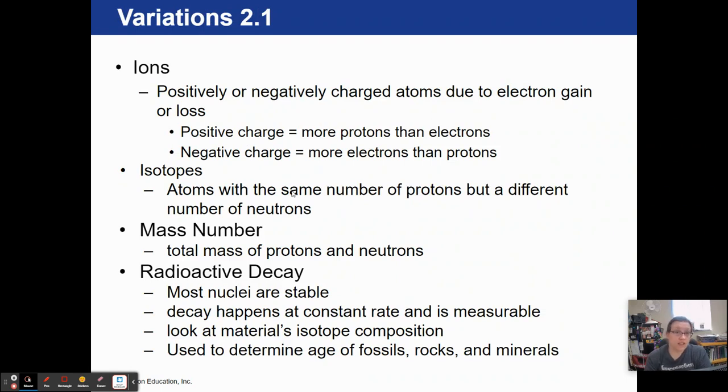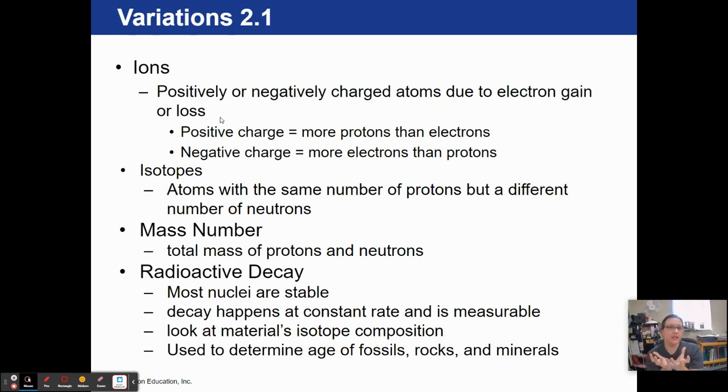There are some variations within the elements. Ions are positively or negatively charged atoms due to an electron gain or loss. So when you're dealing with different types of atoms and the different numbers of electrons that they have, the way that they're organized in these shells and in these levels, the outermost level isn't always filled to the maximum number of electrons, so it makes that element not as stable.